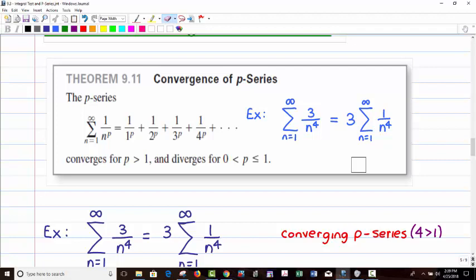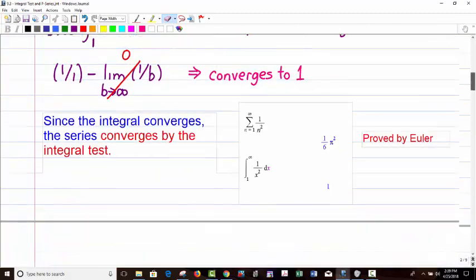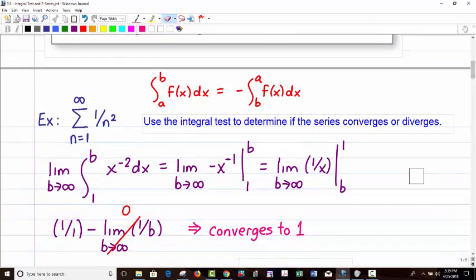Added and subtracted terms affect it, but not multiplied terms. So it's still a p-series. So in fact, if I scroll back up here to show you this one we did by the integral test, I'm not saying the integral test is always the most efficient. Usually it isn't, but sometimes there are cases where it's the only way to do it, but not here. So this 1 over n squared that we got converging could have been done real simply with the p-series.